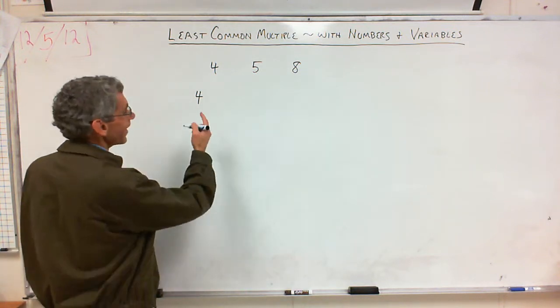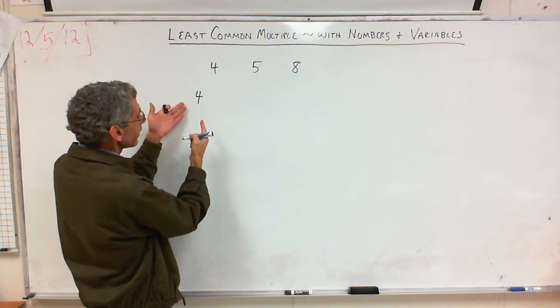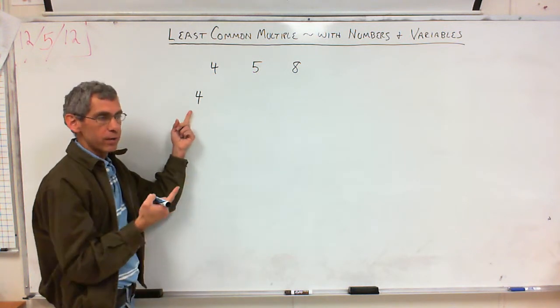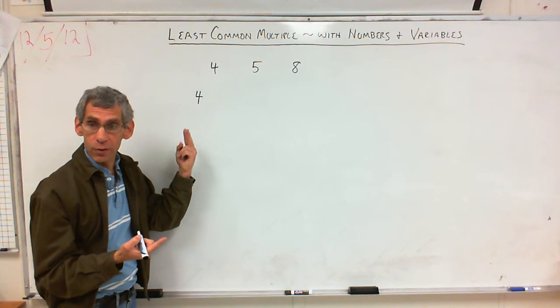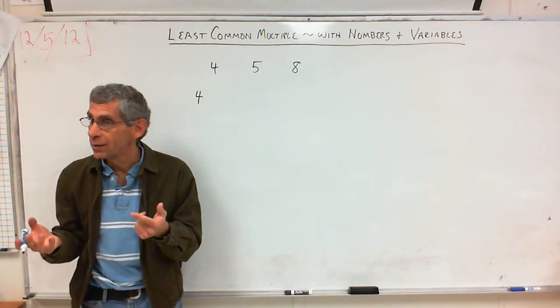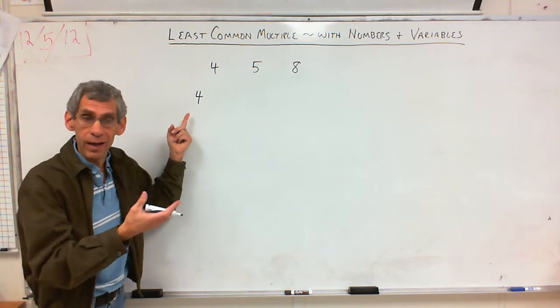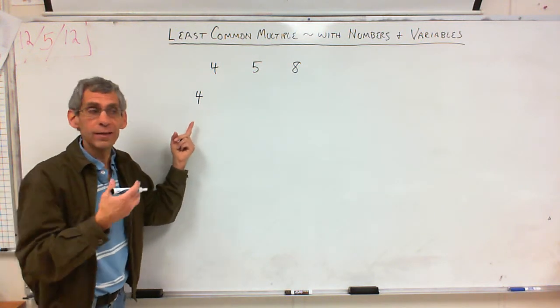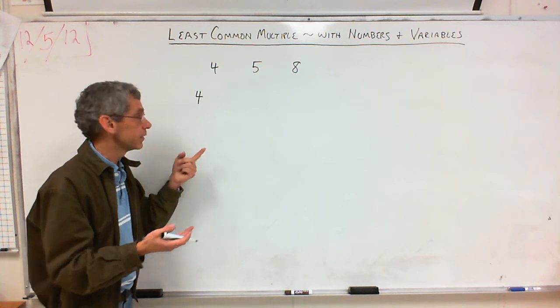Okay, so we're going to think. 1 times 4 is 4, right? 2 4s would be a multiple of 4, in other words, multiply. Like 1 times 4 is 4. 2 times 4 would be 8. 3 times 4 would be 12, things like that.